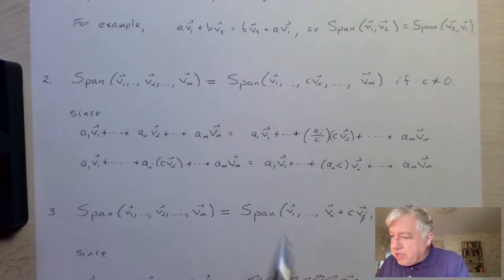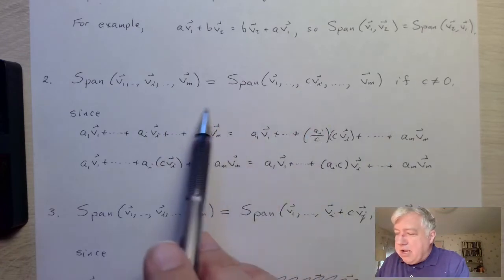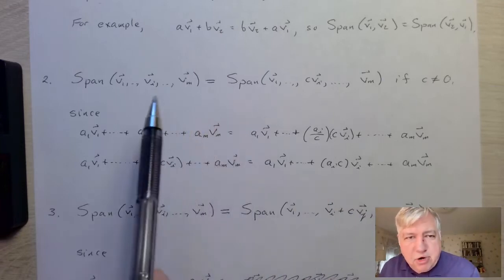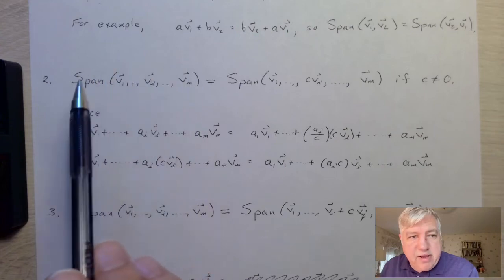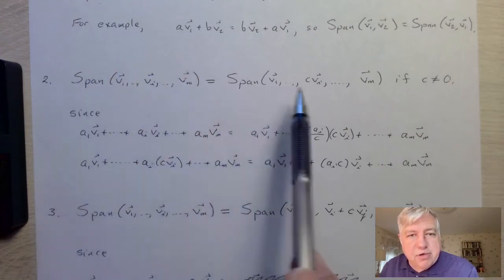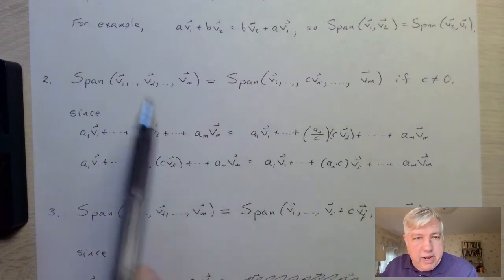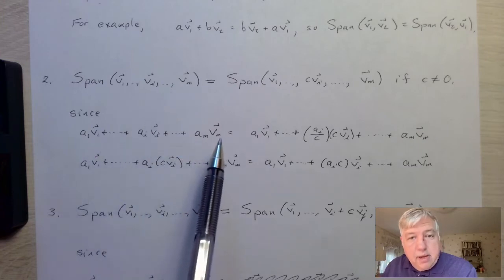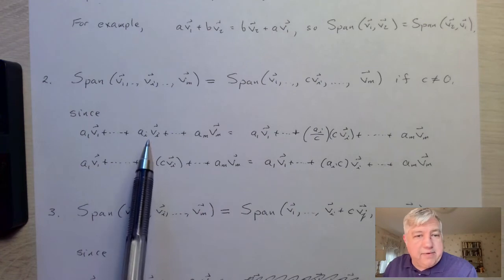Next, if we multiply 1 vector by a non-zero constant C, that doesn't change the span either. To show these spans are the same, we need to show that every linear combination over here is also a linear combination over here, and vice versa. Any linear combination in the span of the V's will look like this. For the Vi term, we can multiply and divide by C, which we can because C is not 0.